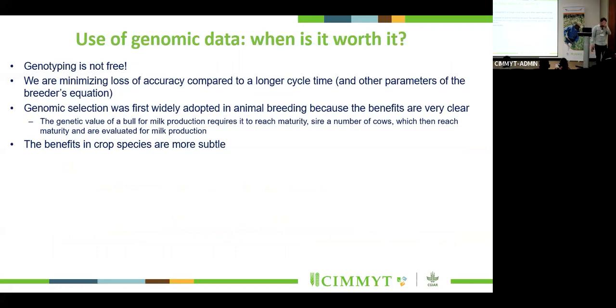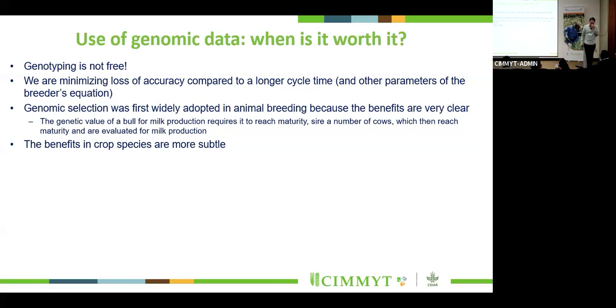So when genomic selection was introduced, genotyping is not free, and the accuracy is not 100%. So there are some trade-offs here. Essentially what we're doing is minimizing the loss of accuracy compared to if you actually collected data over a longer period of time.